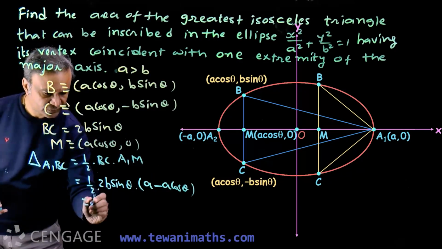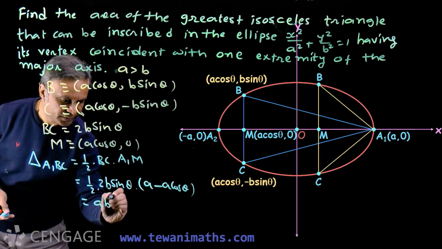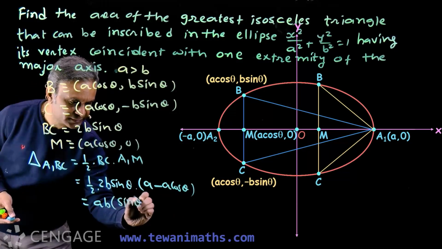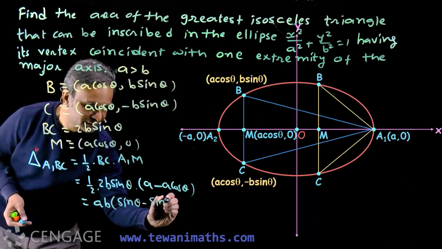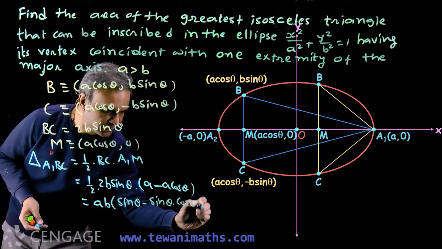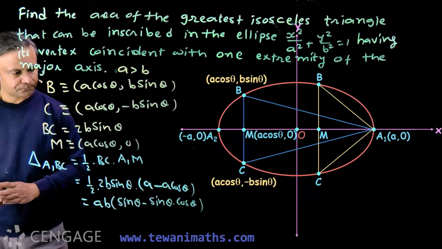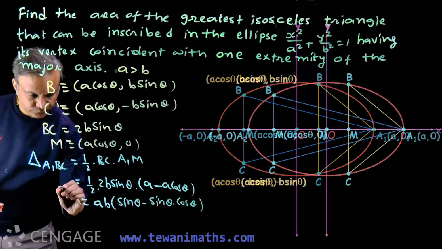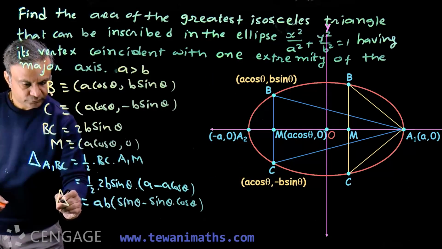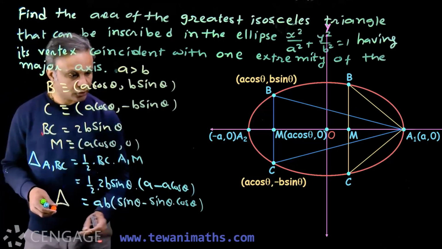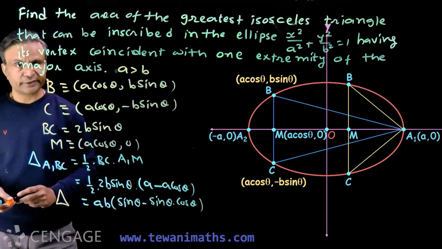Okay, now this is AB multiplied by inside bracket sin theta minus sin theta multiplied by cos theta. Now here area, delta, is function of variable theta, parameter theta.